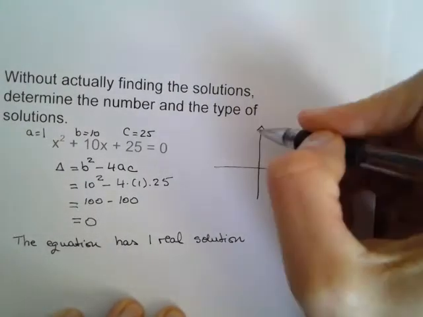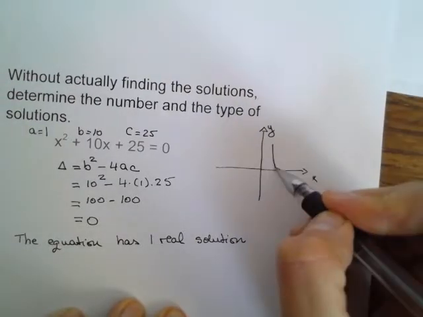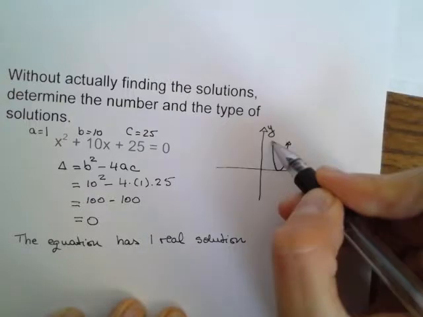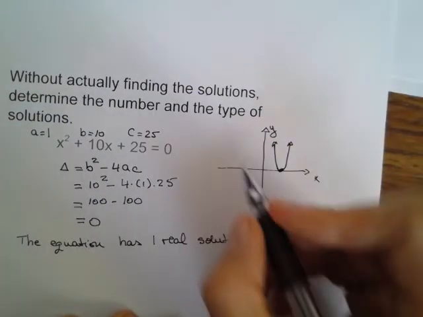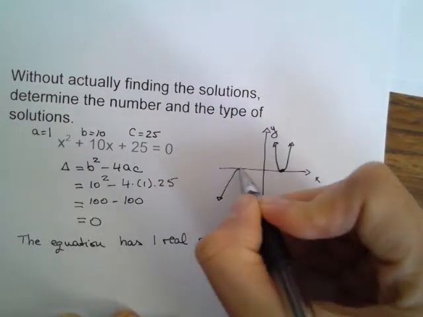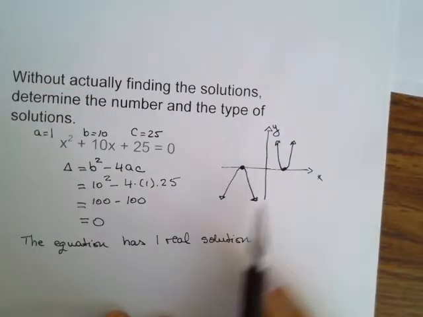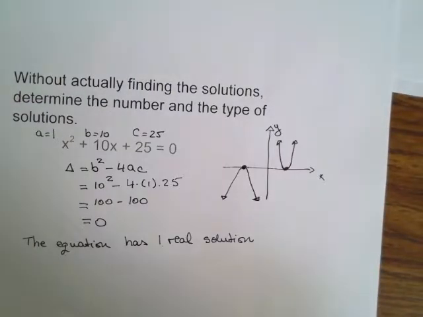It can look this way if it opens up, with a point on the x-axis, or it can go this way if it opens down. So having one real solution means that the vertex is on the x-axis. It's only touching the x-axis in one point.